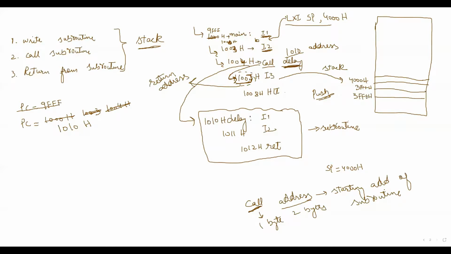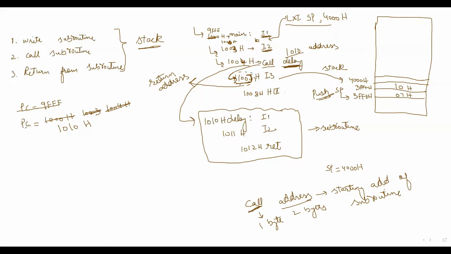So it will store 1007H here. So here 10 will be stored, higher order byte, and here 07 will be stored. Now my stack pointer is here. Because whenever we are doing push, we will first decrement. Decrement means go here, then store the higher byte. Again decrement, store the lower byte.